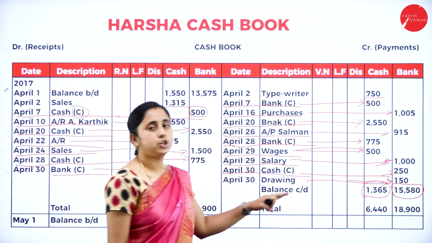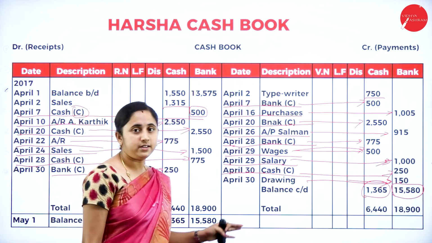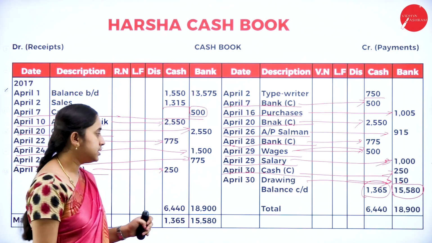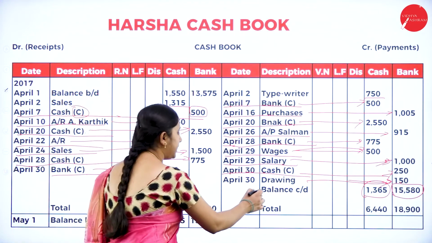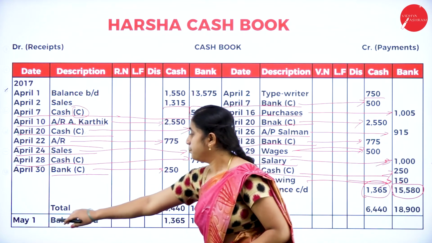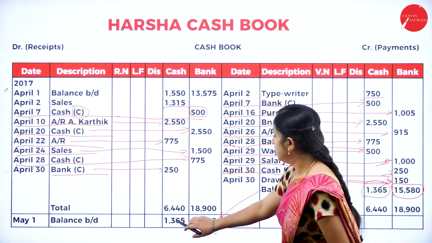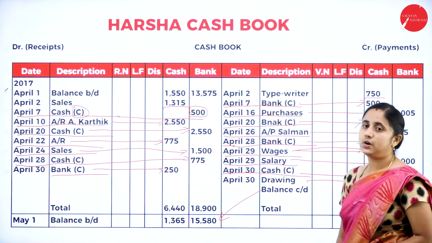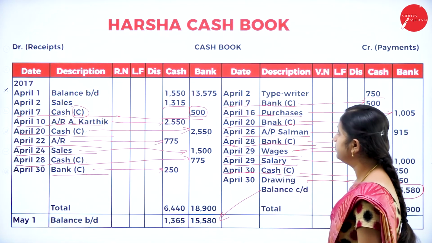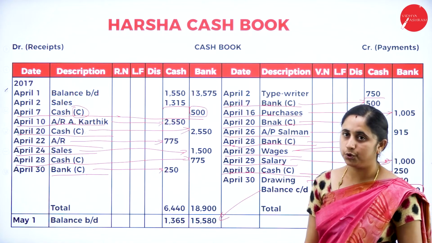First, make a total of both the debit and credit of bank. Then find the difference. It is considered as balance carry down. Balance carry down should be brought down for the next month. That is May 1st. May 1st balance brought down 1,365 and 15,580. So this is all about 3-column cash book.